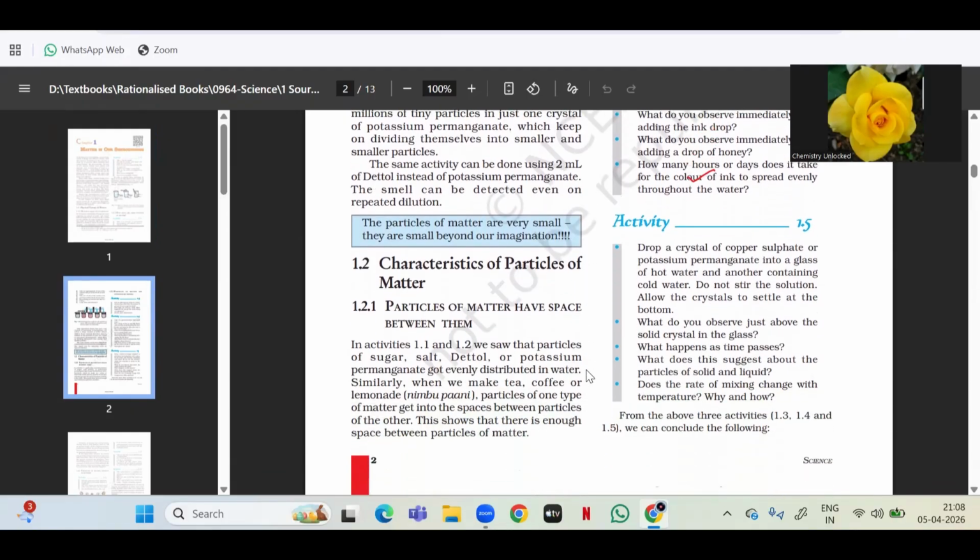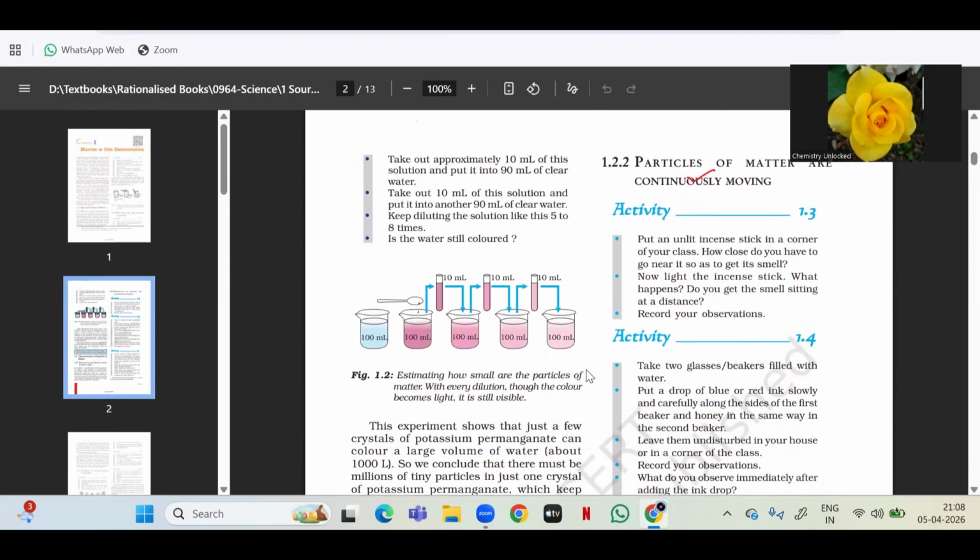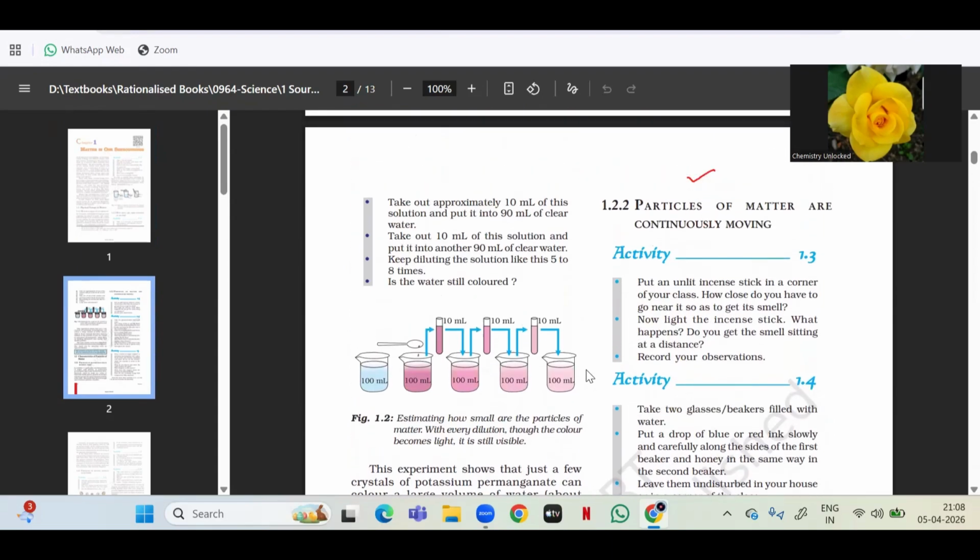Now let's come to activity 1.3. What is the title of this activity? Particles of matter are continuously moving. So even if you have particles in a solid, where the solid appears to be not moving, suppose these are the particles of solid.